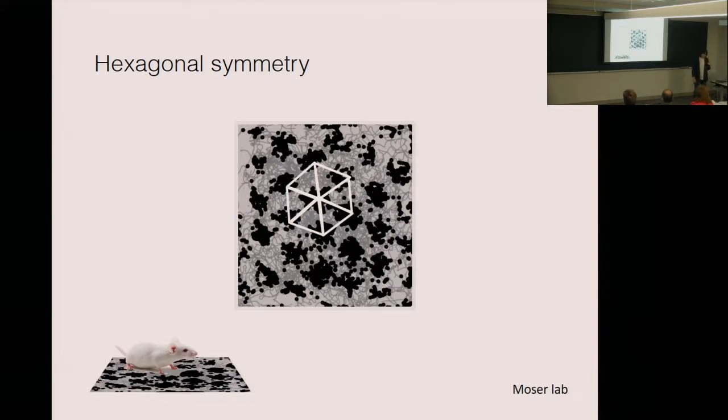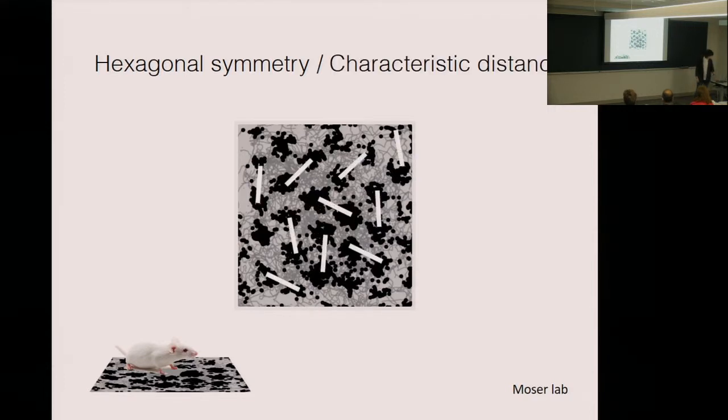But another, perhaps more low-level property is the characteristic distances that we see between neighboring fields. What I'm going to argue today is that it's the characteristic distances, rather than the hexagonality, that is maintained in both 2D and 3D.